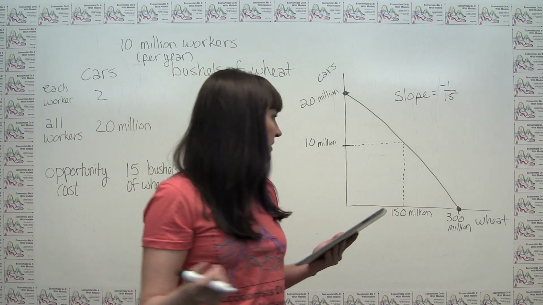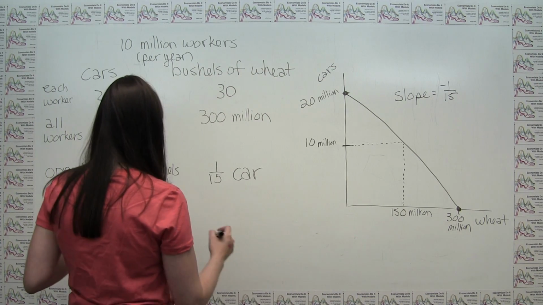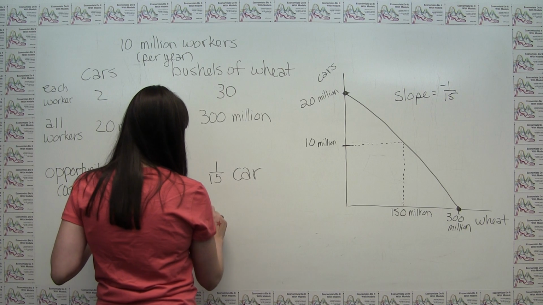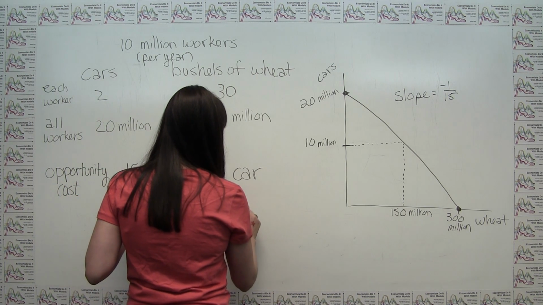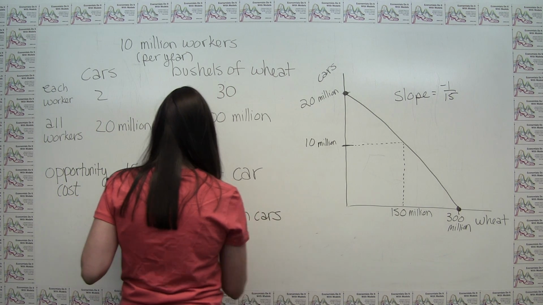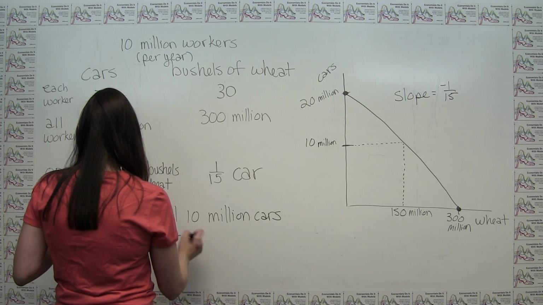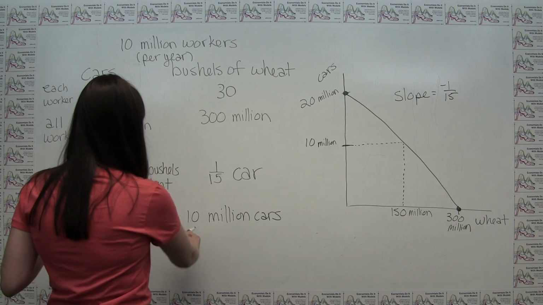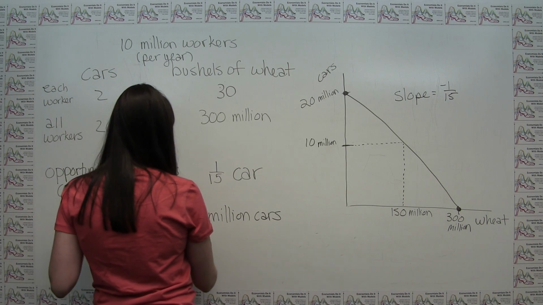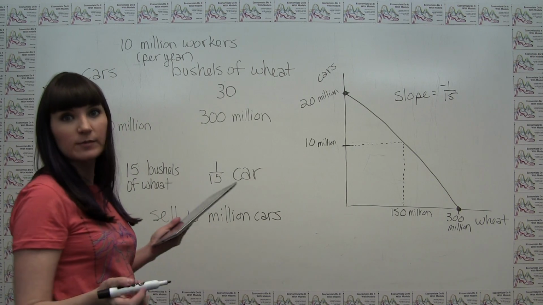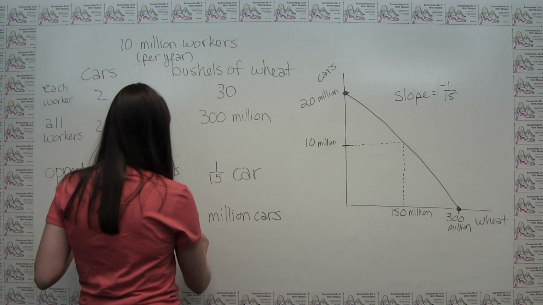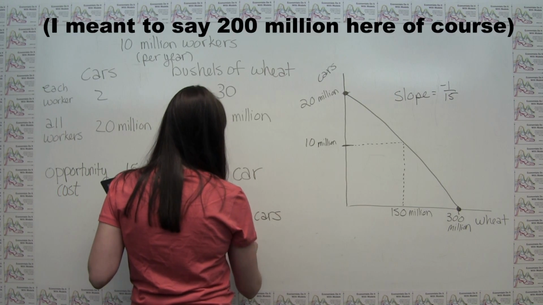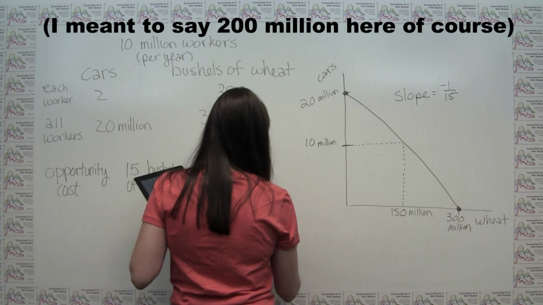So what we're really saying is Canada has the opportunity to sell 10 million cars for, we said, 20 bushels of wheat per car. So this should be sell 10 million cars for 20 times 10 million bushels of wheat, right? So it should be 10 million cars for 200 million bushels of wheat.